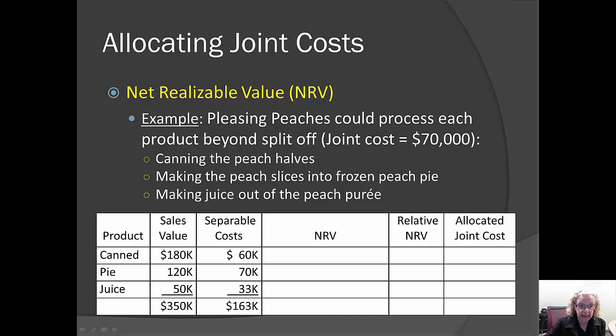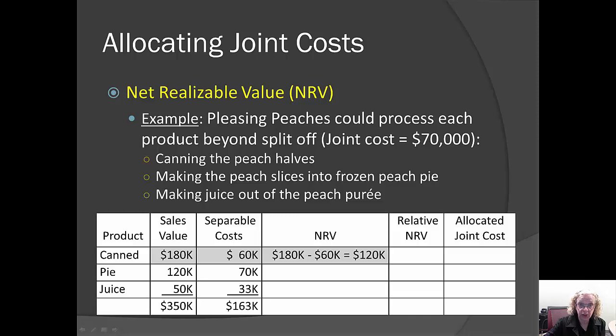In that case, the firm will get more revenue, but it will also incur separable costs for the canning. Therefore, the net realizable value of the choice to can the peach halves is the difference between the sales value for the canned peaches and the separable cost to change peach halves into canned peaches.